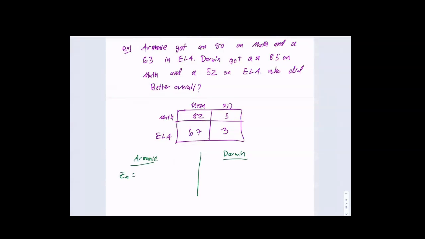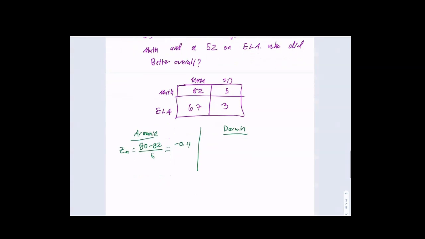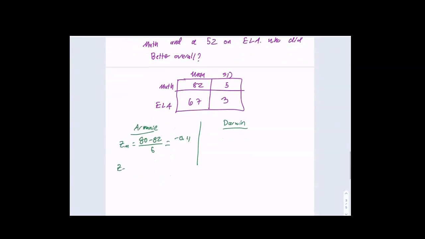How do I calculate it? Not the answer. I want the calculations. 80 minus 82 over 5. Good. And that gives me negative 0.4. Armani did below the mean. Below average on math.